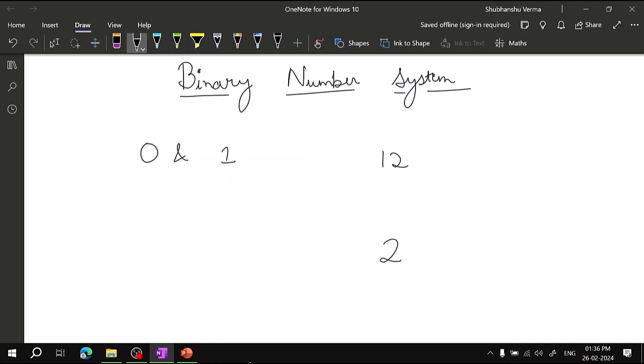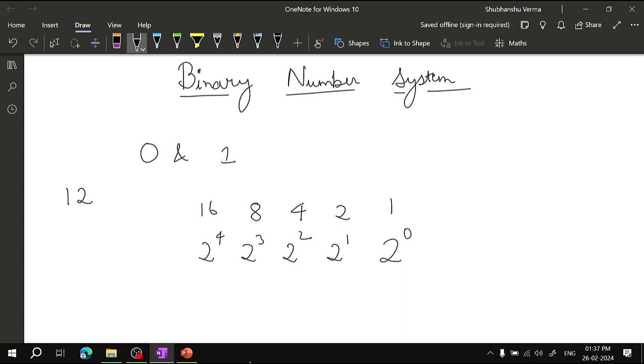Now I define 2 to the power 0, 2 to the power 1, 2, 3, 4 and so on. 2 to the power 0 means 1, then 2, 4, 8 and further 16, 32 and so on. So how will our device understand this number 12? It will understand it like this.